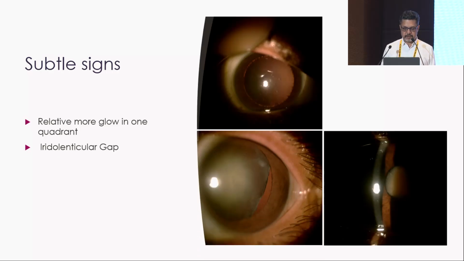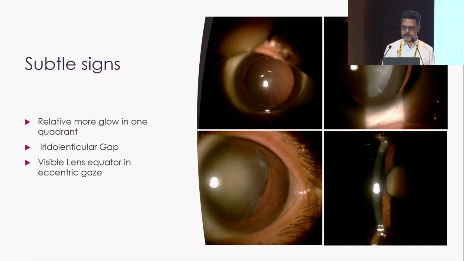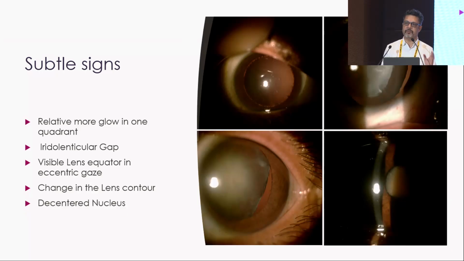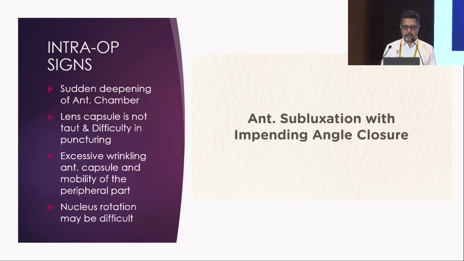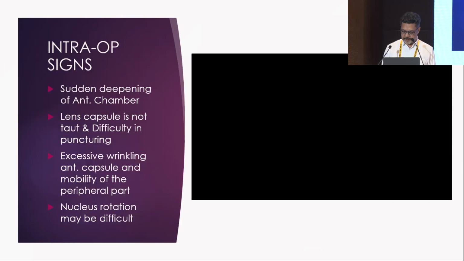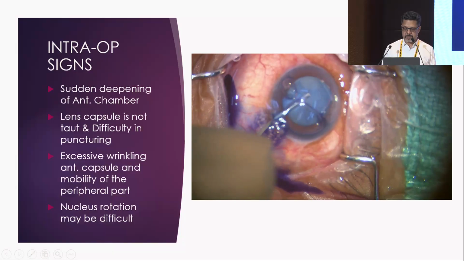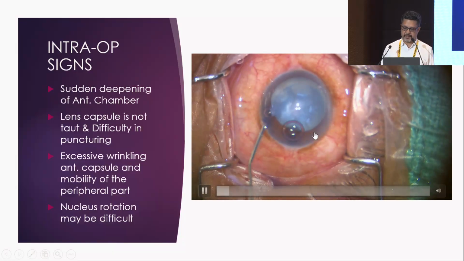And sometimes you will see the equator in the eccentric gaze, and if you come across a notch, that again signifies the loss of zonules. And sometimes a decentered nucleus, you can figure out if there is no dense cataract, by the sutural inverted Y sutures, whether it is in alignment with the corneal reflex or not. But in spite of doing a lot of things, we usually get it on the table.